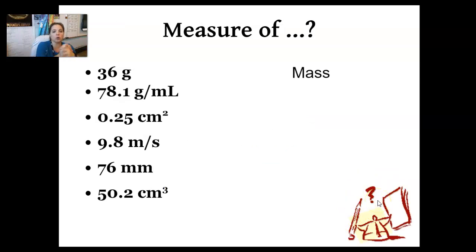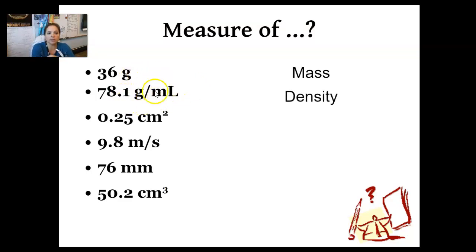Switch in your notes to the work page. It should be a green one if I'm not mistaken. You're going to switch to that, and we are going to start identifying the type of measurement. So 36 grams is already given to you. It's a mass. We've got grams per milliliter. What is this? It is a derived one. This is your density.